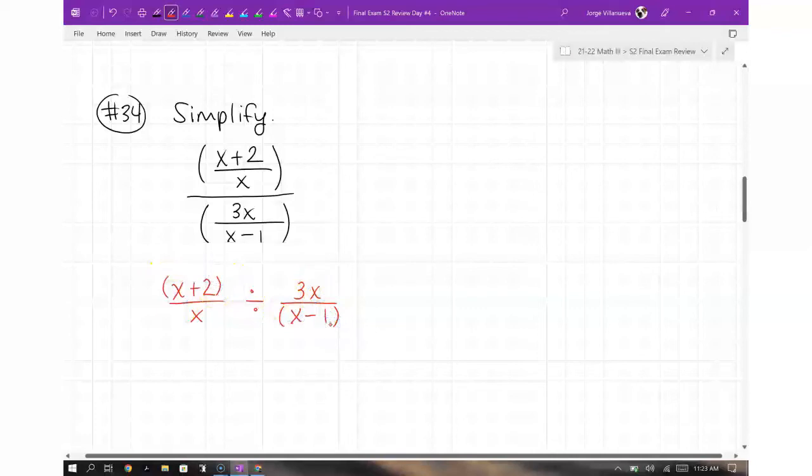But remember, we don't divide fractions, we multiply by reciprocals. So I'm going to write x plus 2 over x times x minus 1 over 3x.